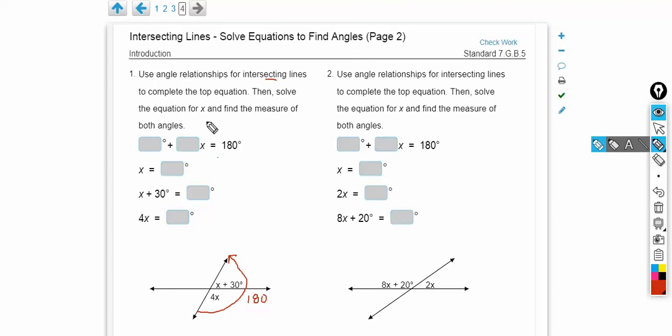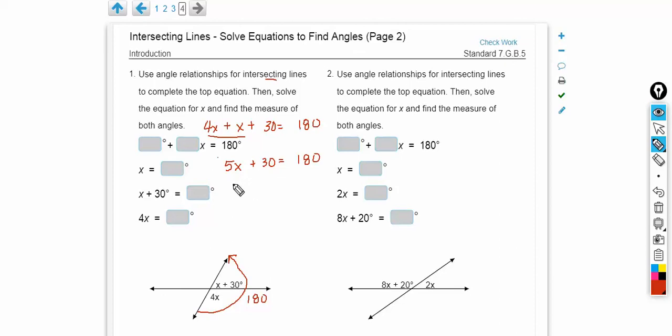You've got 4x plus x plus 30 equals 180. Okay, so then when I combine my like terms, that's going to give me 5x plus 30 equals 180.